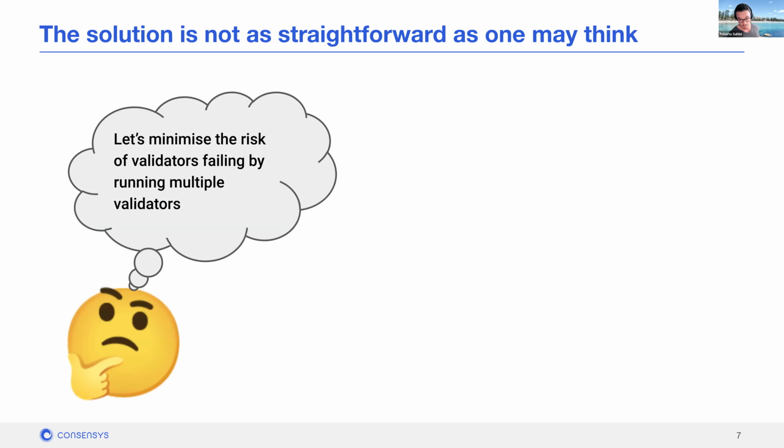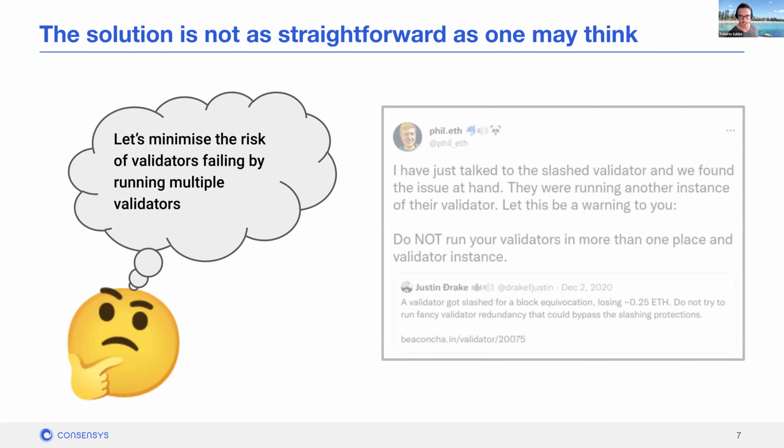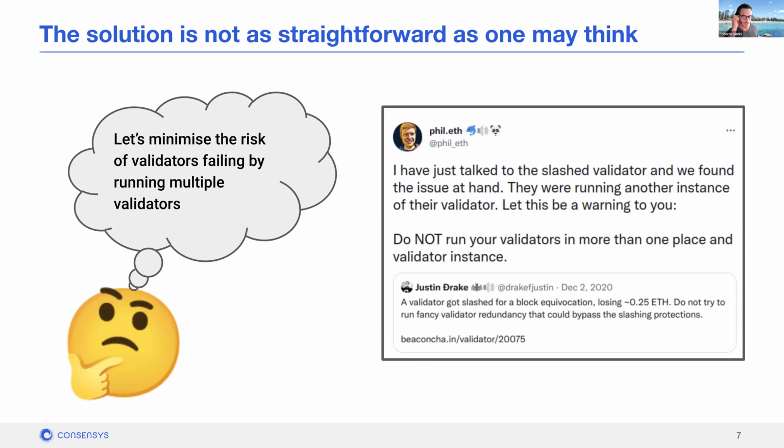Well, this is perhaps what someone did at the beginning, when the Ethereum Beacon chain was launched, but this proved not to be a correct solution, as this is actually almost the right recipe to get slashed, because if these multiple validator instances don't communicate with each other, they can create conflicting blocks or attestations, which then causes them to get slashed.